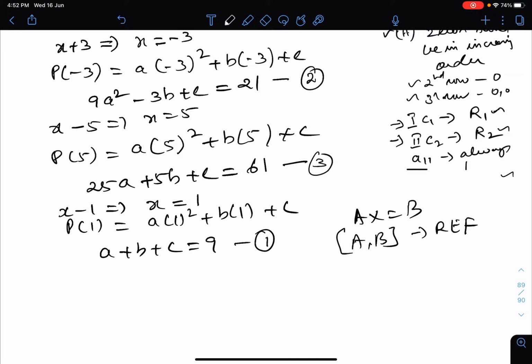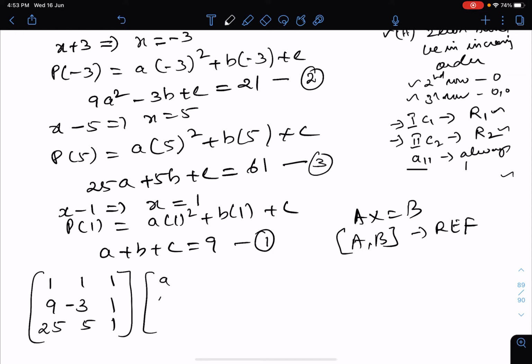The first equation coefficients are 1, 1, 1, the second equation 9, minus 3, 1, and the third equation 25, 5 and 1. Instead of changing the rows, we are writing it here itself as 1, 2 and 3. It's all the same.